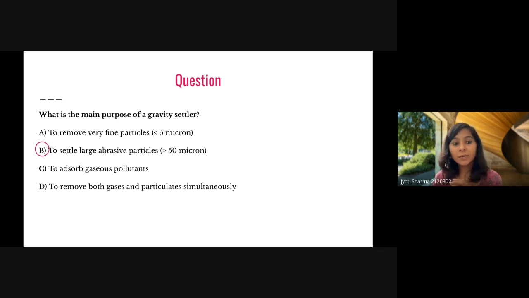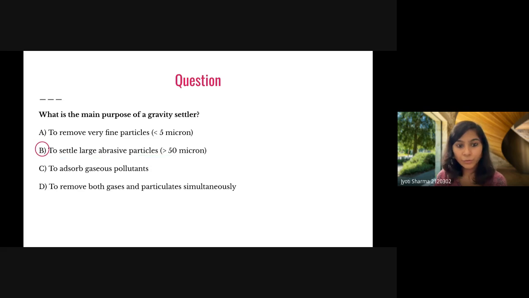But because we are just taking the help of gravity, only particulate matter that is larger can be settled down. We are not using any charge or any chemical, so we can only remove or deposit large size particulate matter. So it can be used just to settle large abrasive particles that have a size of more than 50 microns.